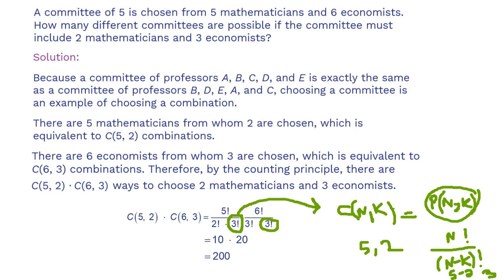We're subtracting 6 minus 3 to give us that 3. And that's just coming from the formula. So now we just have to multiply it out. And so 5 factorial divided by 2 factorial times 3 factorial, times 6 factorial divided by 3 factorial times 3 factorial. And we end up with 200 ways that we can make this committee.